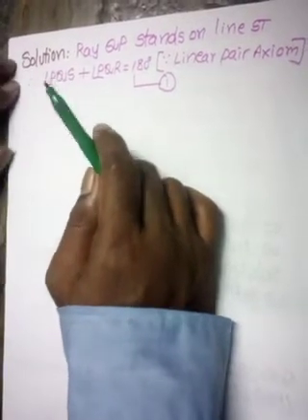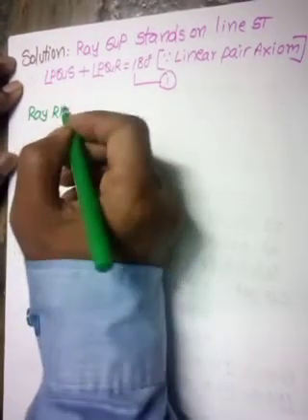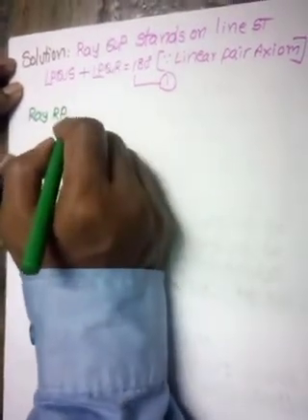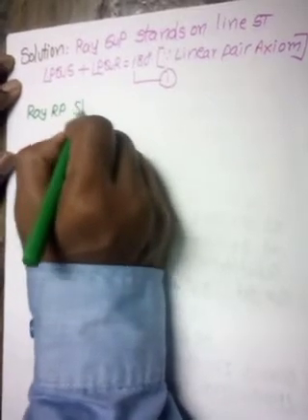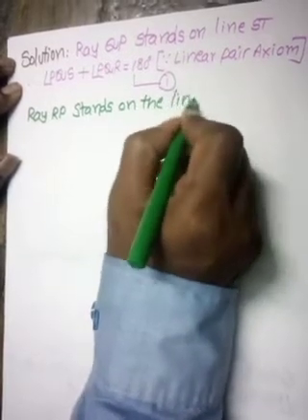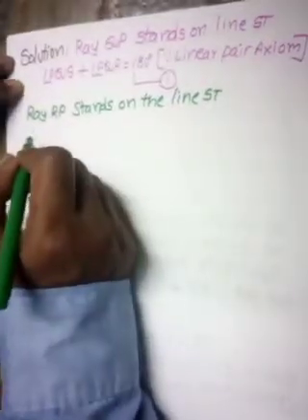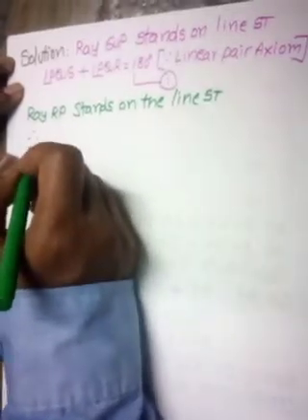Now, similarly, ray RP stands on the line ST. Therefore, what can you write?